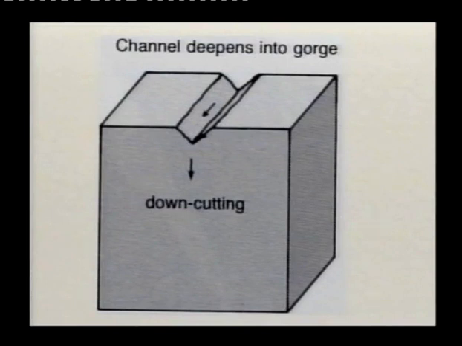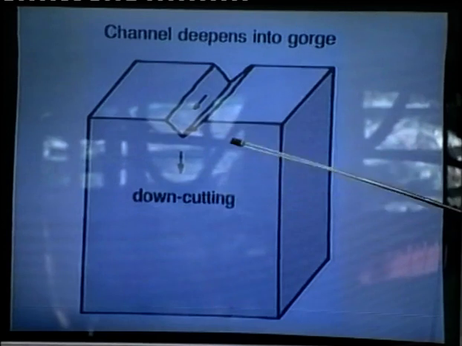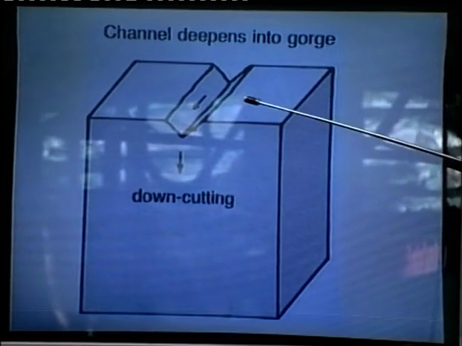The first stage is when vertical erosion takes place, the undercutting of the valley, forming a V-shaped valley.